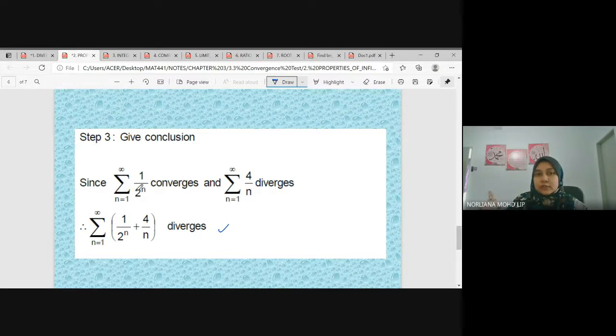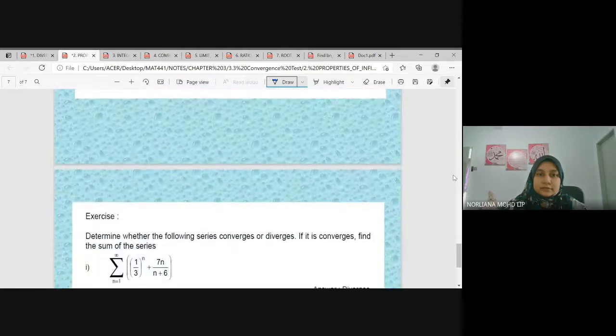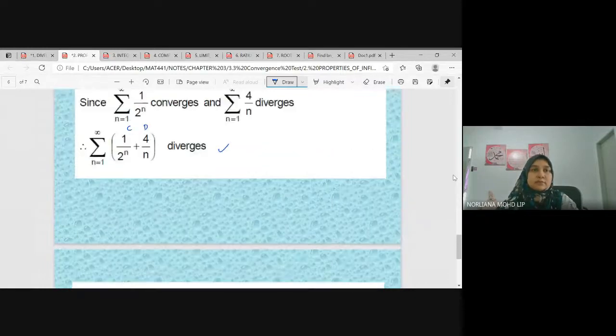Walaupun ni nak dapat converge kan, converge plus diverge akan dapat diverge. Ni minggu lepas kita dah tengok yang ni kan. Okay, ada soalan? Ni contoh.